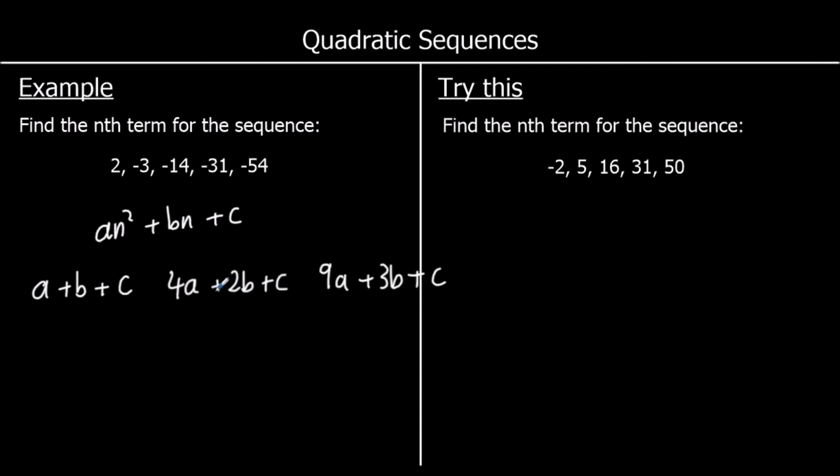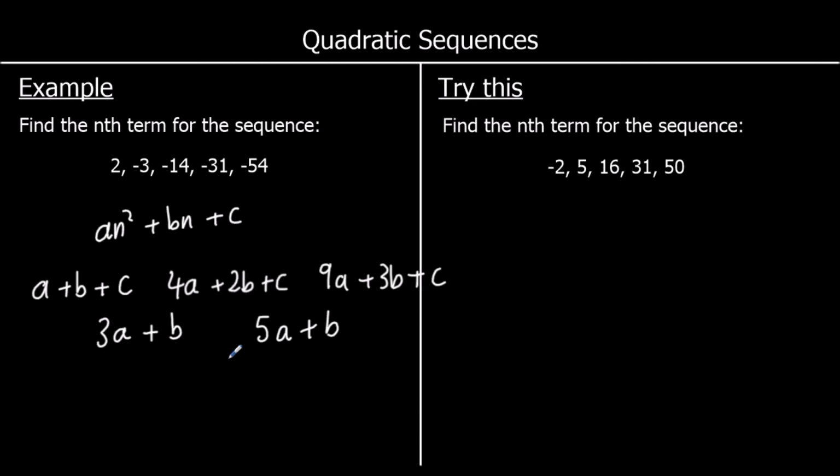So the difference between the first two terms is 4a take away 1a is 3a, 2b take away b is b, and c take away c is nothing. The difference between term 2 and 3 is 5a plus b.